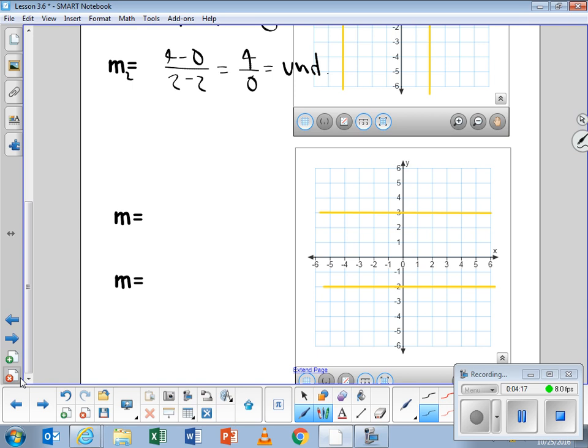Horizontal lines. Okay? If we pick a couple points, -3, 3, and 4, 3. So slope of line 1 is 3 minus 3 over 4 minus -3.